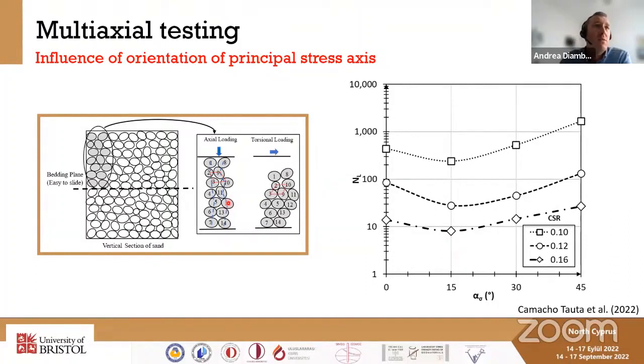If we think that when we do isotropic compression we create some vertical or linear chain forces under axial loading, when we apply torsional loading we can basically break these forces. But the worst effect is actually for a specific combination of axial and torsional loading, suggesting that there is no proportion between the resistance to liquefaction and alpha, but the behavior is highly non-linear.